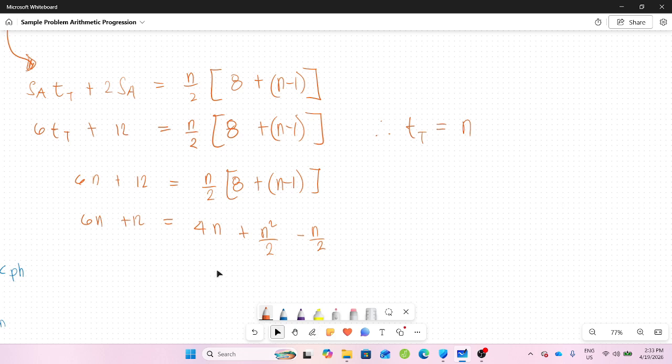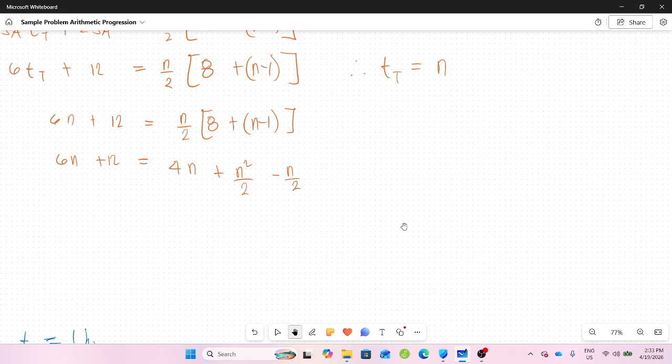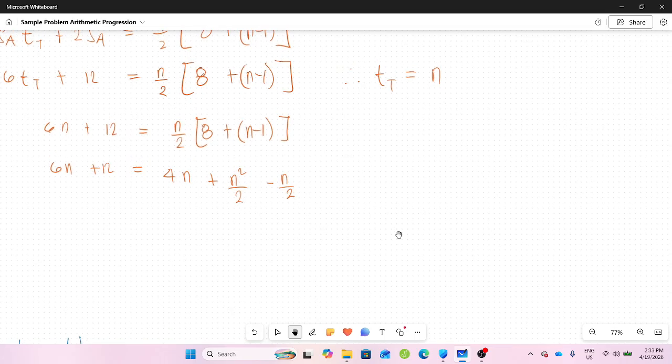So we have here, let's combine this one. So this is positive 12 equals minus 6n plus 4n minus n over 2, separate that first, plus n squared over 2.